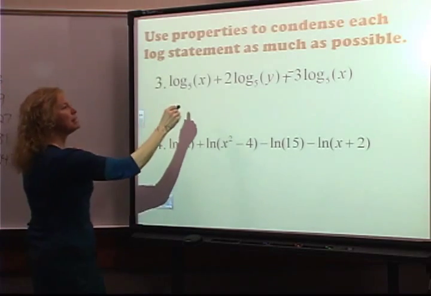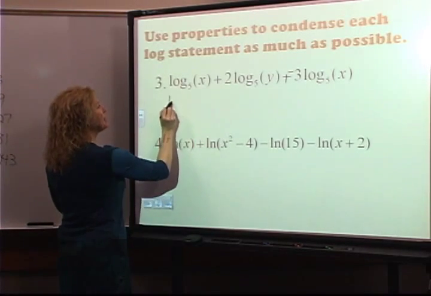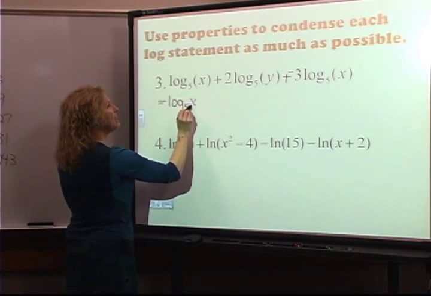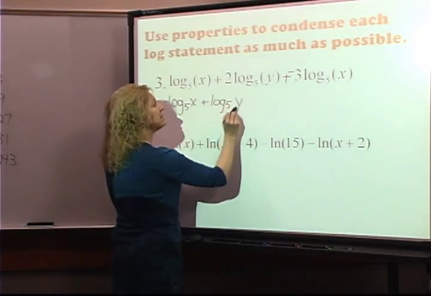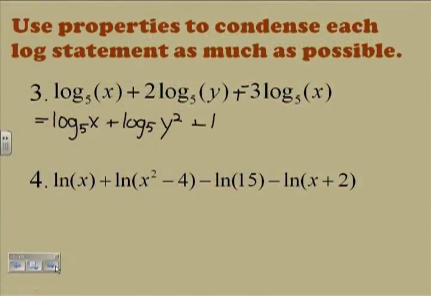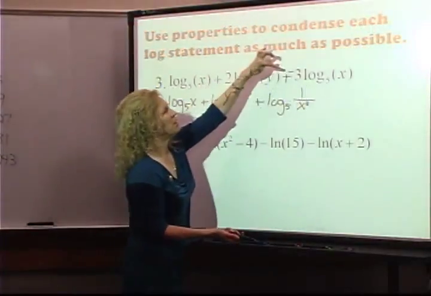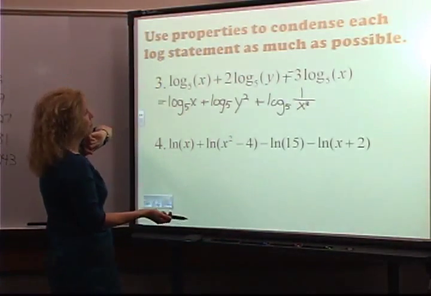Okay, I'm going to take those exponents up, and I get log base 5 of x plus log base 5 of y squared plus log base 5 of 1 over x cubed. Now, why did that end up down in the denominator? Because of that negative exponent.